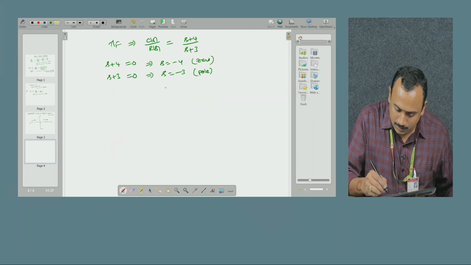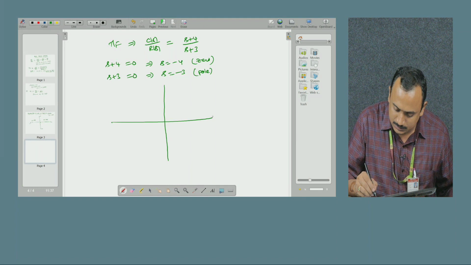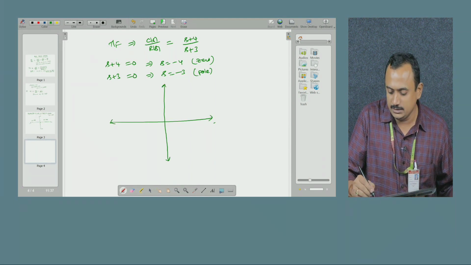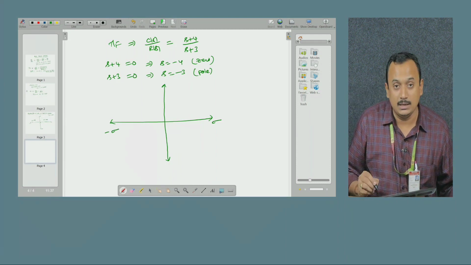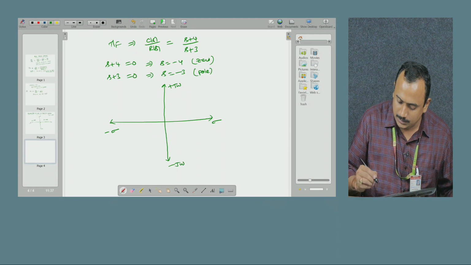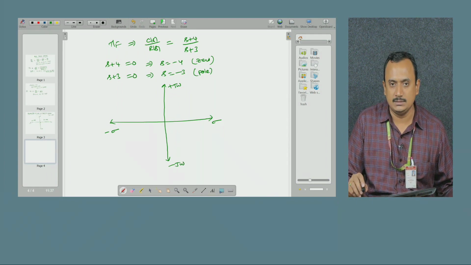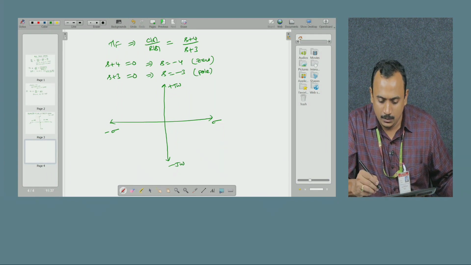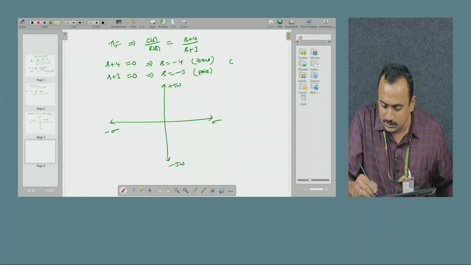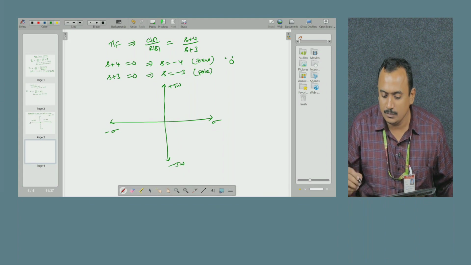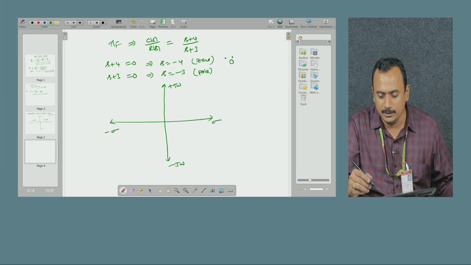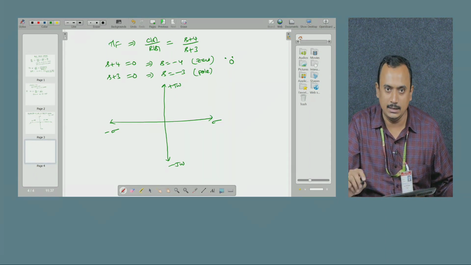Now if I want to represent these poles and zeros on the S plane, this is the real axis, this is the negative real axis, this is the positive imaginary axis, and this is the negative imaginary axis. All the zeros will be represented with a small circle. On the S plane, a zero is represented with a small circle.